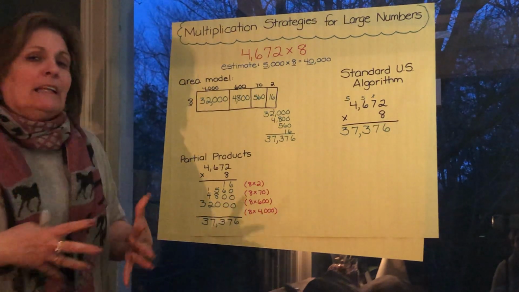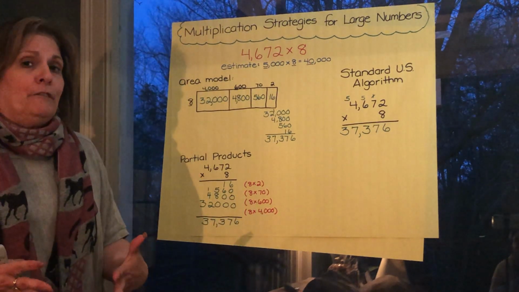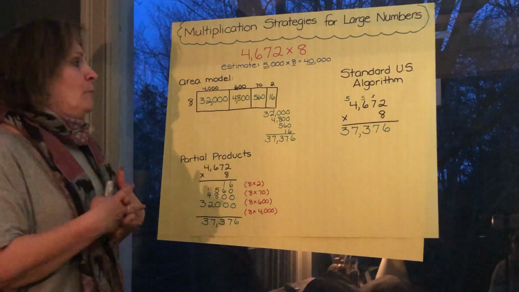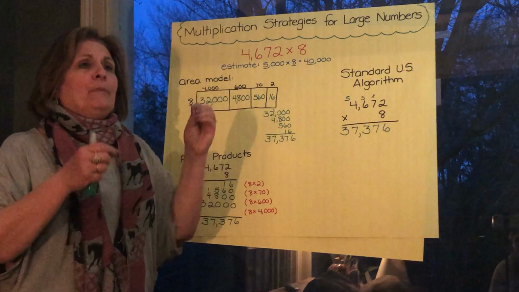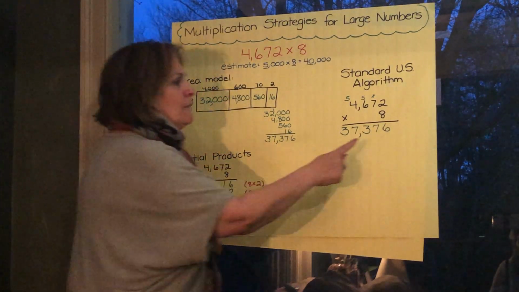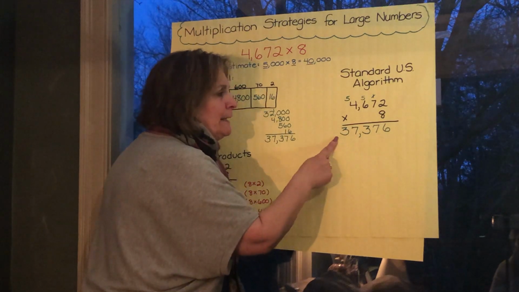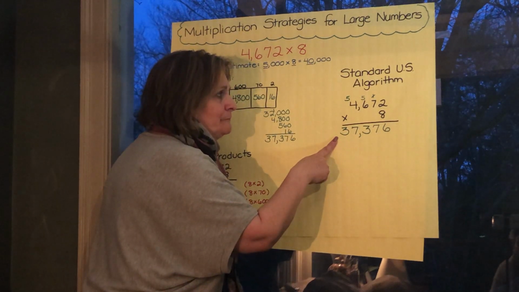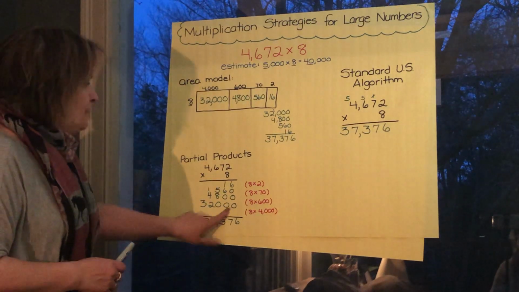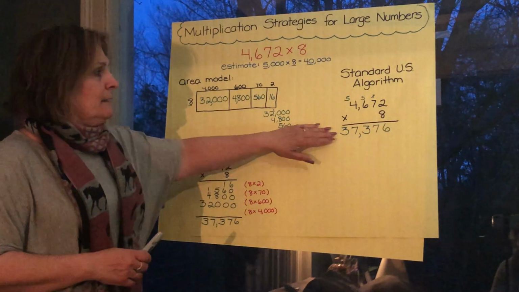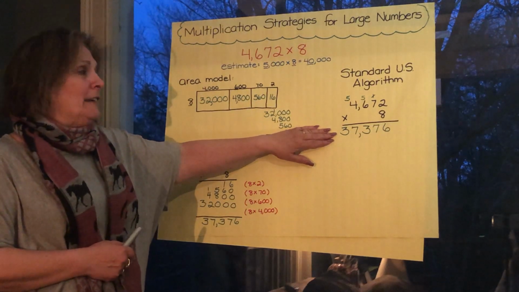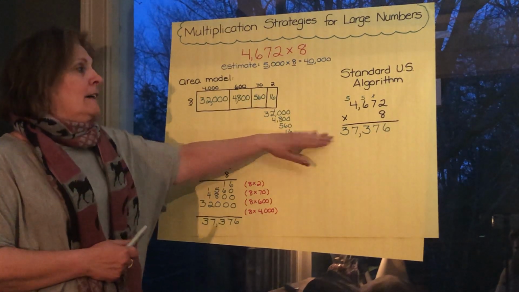So this is like the shorthand version. We're still multiplying with place values, but we're not writing those extra zeros because of where we're writing our numbers down here. So while in this one we look at all the partial products, here we just have the product, and that's why it's the shorthand version.